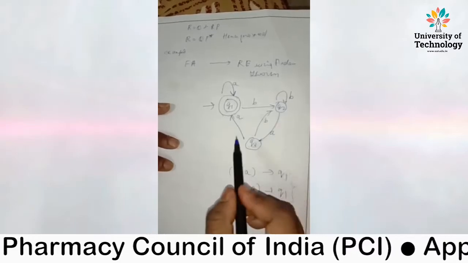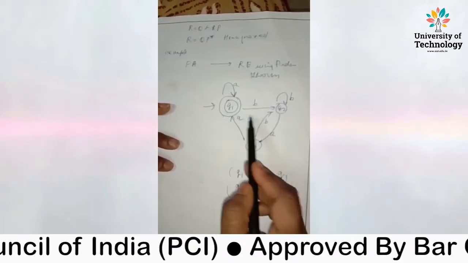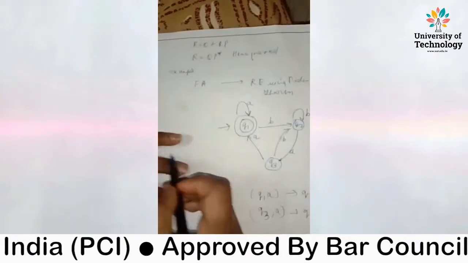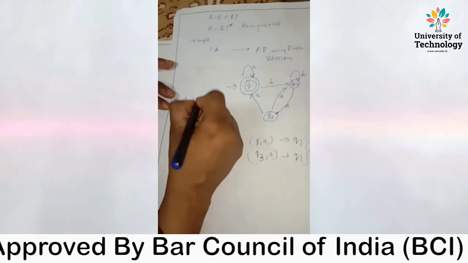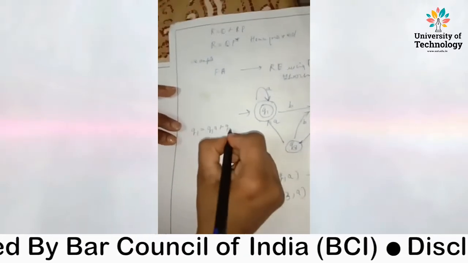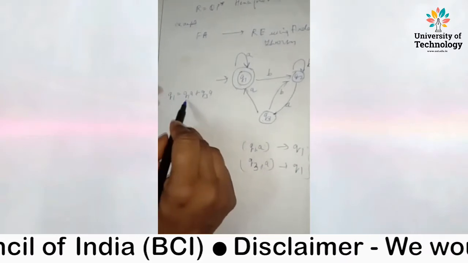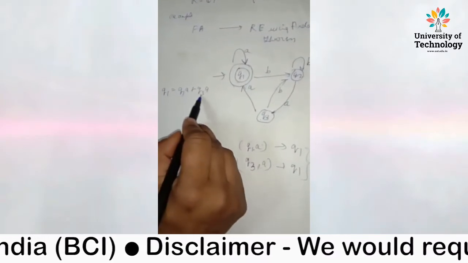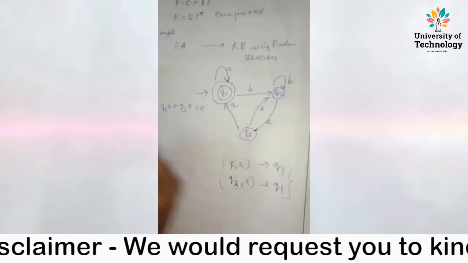Is there any possibility from Q2 to reach Q1? No, there's no arrow over here in the finite automata. Hence, you can write the equation Q1 is equivalent to Q1A plus Q3A. These are the two ways by which we can reach Q1, and we have written them down over here. Now, since Q1 is also the initial state, we can add epsilon to it.